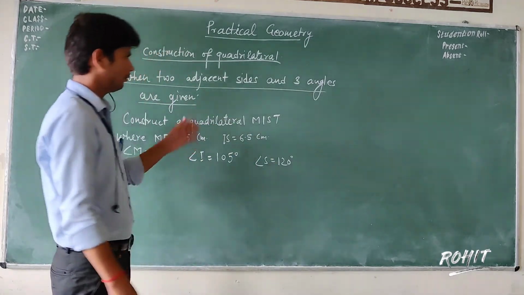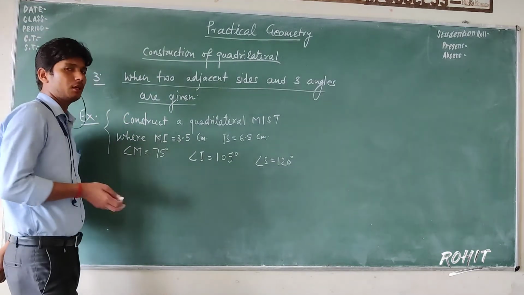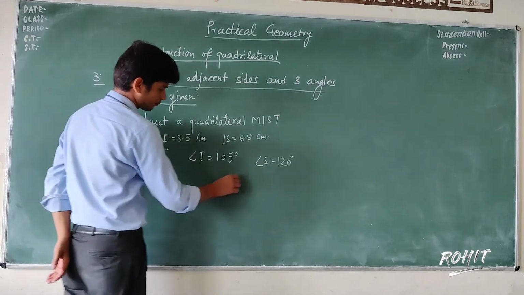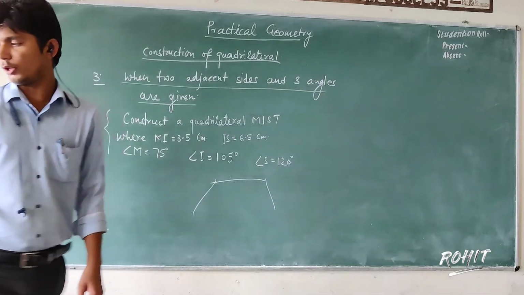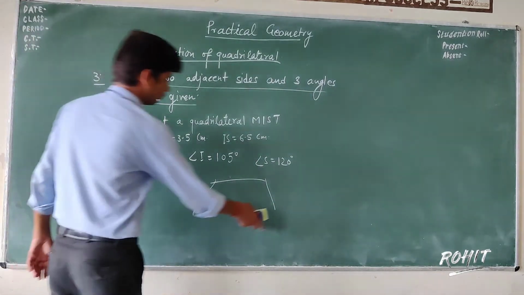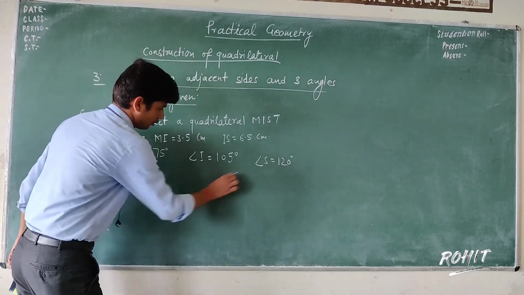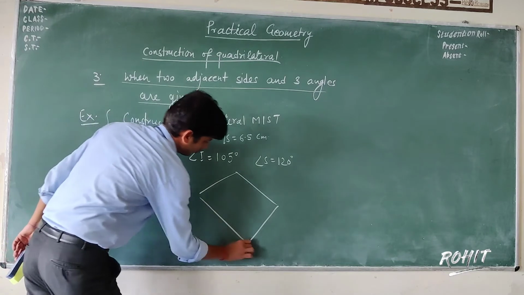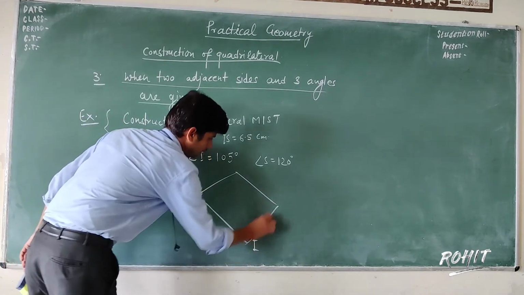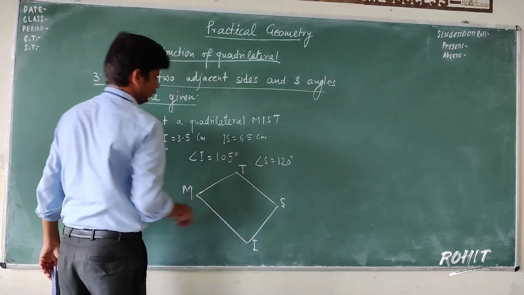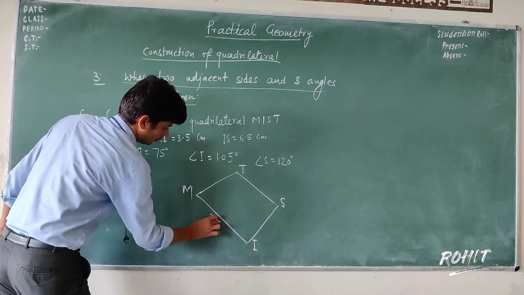Now using this information, we will construct a quadrilateral. So first draw a rough sketch. Finally, draw a quadrilateral M, I, S and T. MI is given 3.5 centimeter.